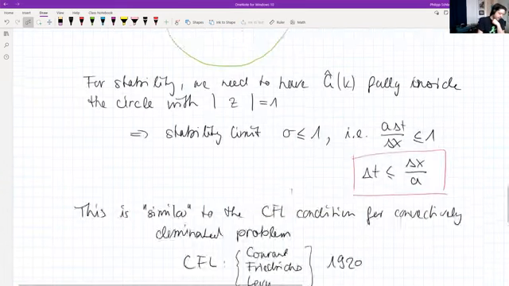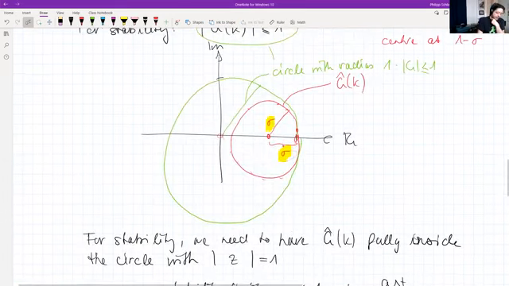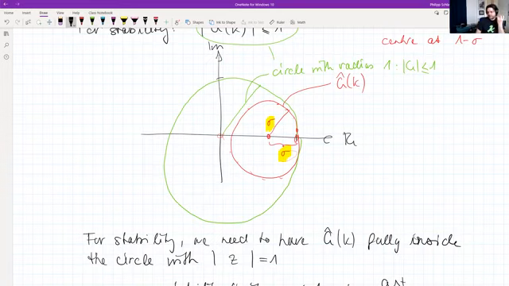Okay, now of course we can go back to the graph that I did here. If you remember what it means, sigma being 1, well, the red circle would lie exactly on the green circle. Meaning that the spectral amplification factor for each Fourier mode is exactly 1.